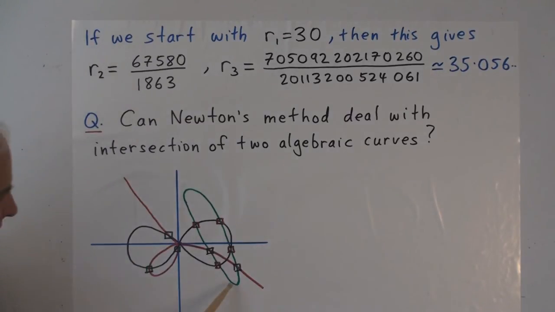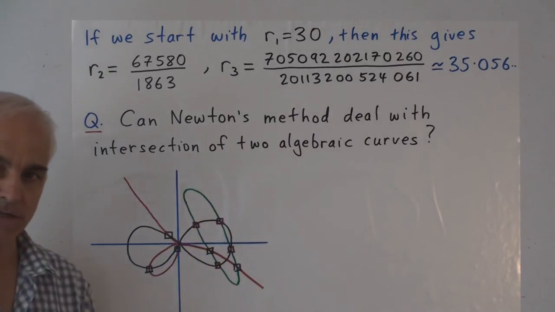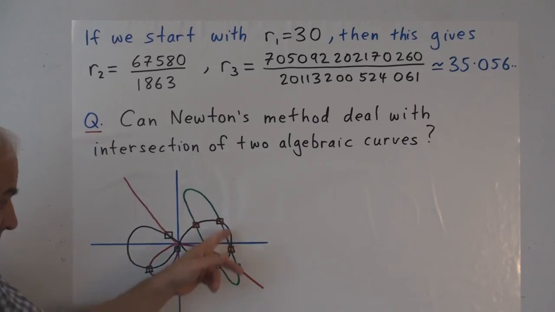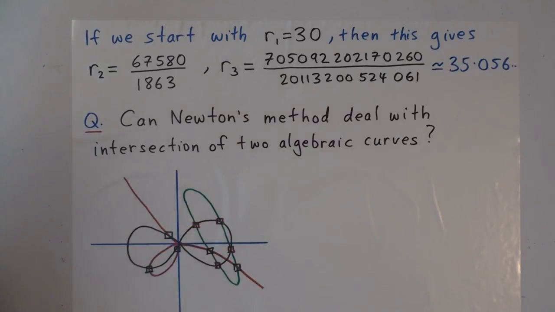So here you can see this ellipse meets the lemniscate in 4 points, at least approximately. So we can ask, if we have an equation for that ellipse and an equation for the lemniscate, how might we find these values, at least approximately? Or the same thing with the folium and the lemniscate, or the folium and the ellipse.